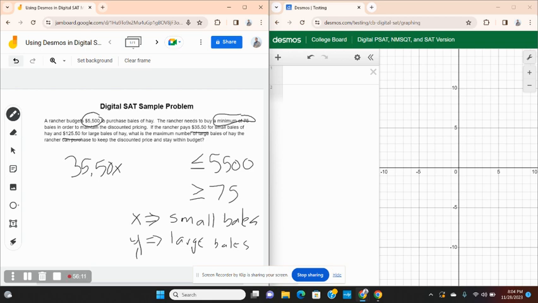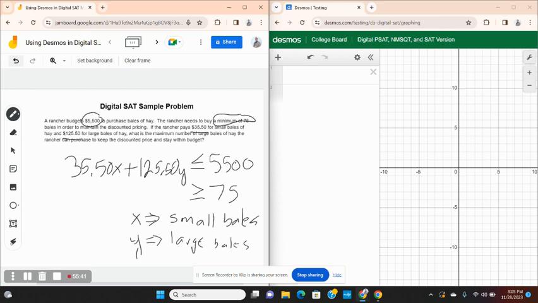Now we're also buying some large bales, so we're going to add how much we pay for the large bales, which are $125.50 each. So I'm going to multiply 125.50 times y. When I add these two costs, the small bales and the large bales, it has to stay within budget, so it has to be less than or equal to 5,500.